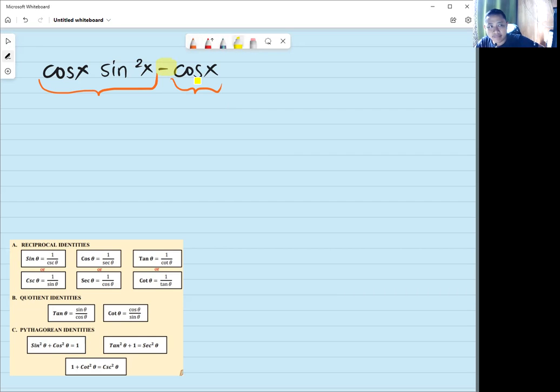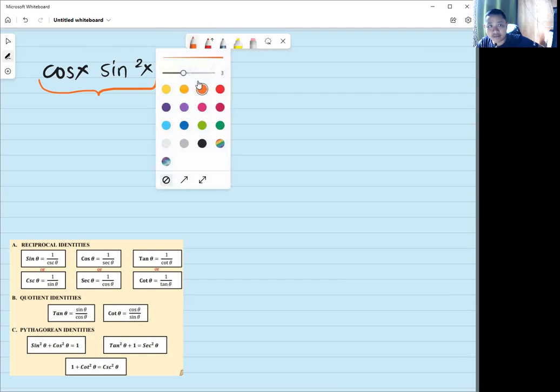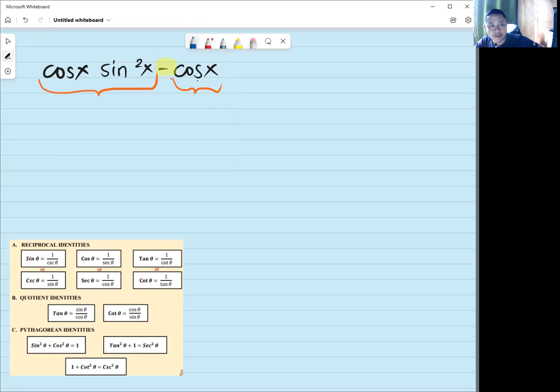The first term has cosine x, and the second term also has cosine x. So let's factor out that. So we will have cosine x. Okay. So when we divide cosine x sine squared x by cosine x, what will be the answer? Type the answer in the chat box.